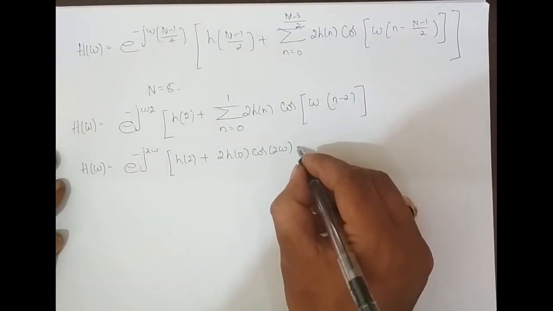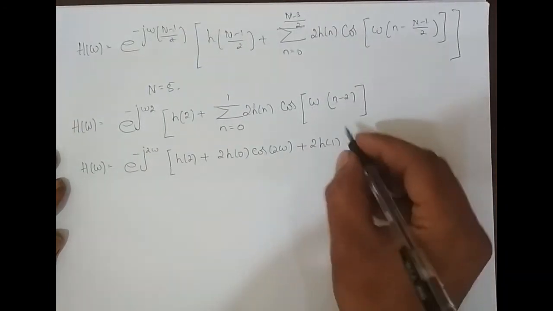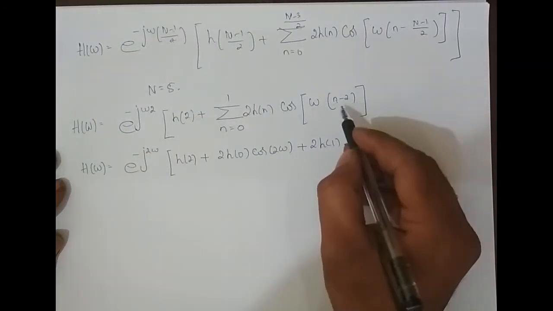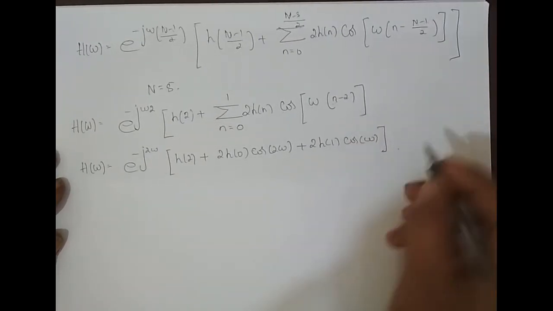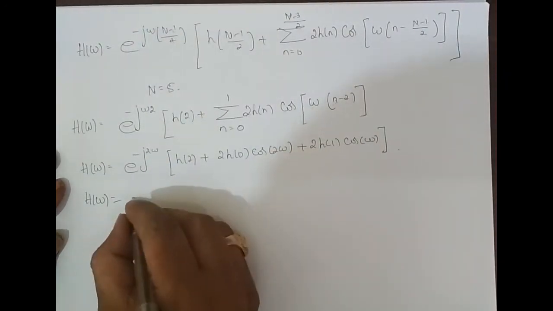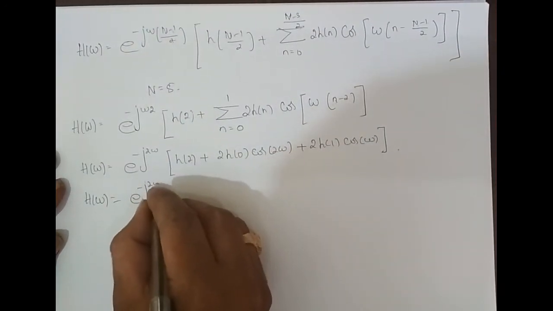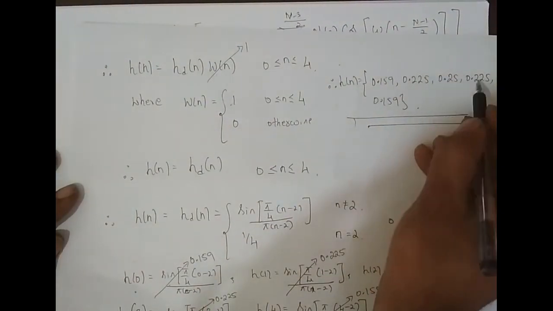Plus, when n equal to 1, 2 times h of 1 into cos of minus omega, which is cos of omega, right? So h of omega is equal to e power minus j 2 omega into, what is the value of h of 2? So this is h of 0, h of 1, h of 2, h of 3, h of 4.